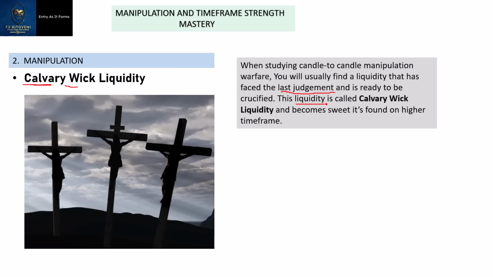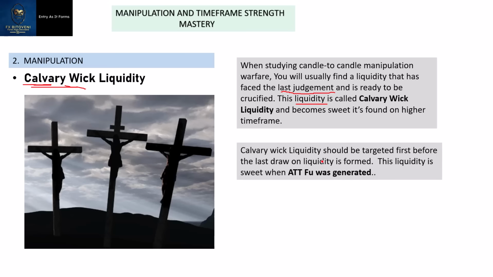This liquidity is called Calvary weak liquidity, and it becomes sweet if it's found on a higher time frame. If you see it, don't miss it, right? I will show you that. Calvary weak liquidity should be targeted first before the last draw on liquidity is formed.